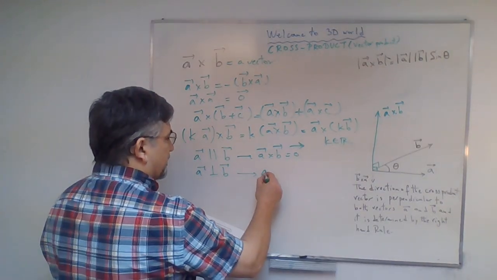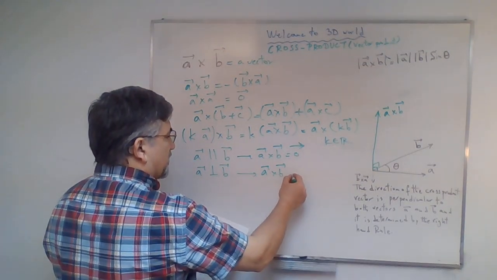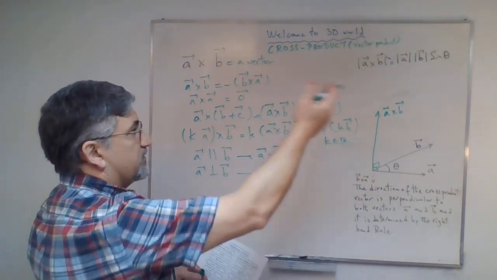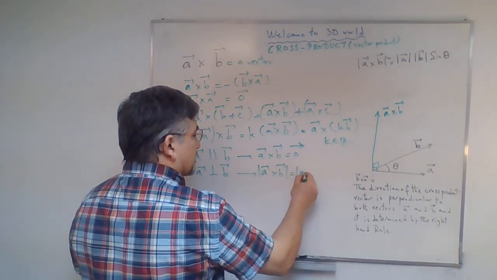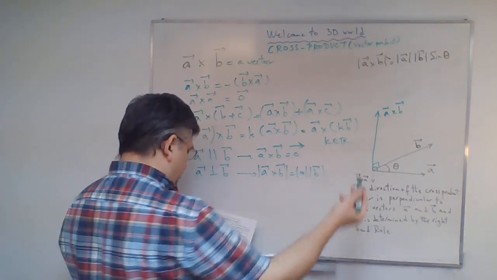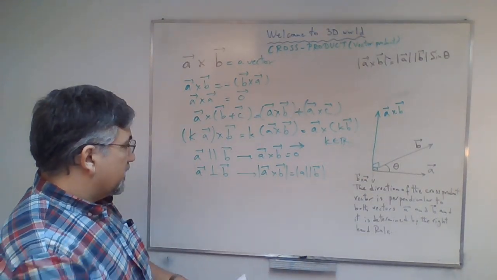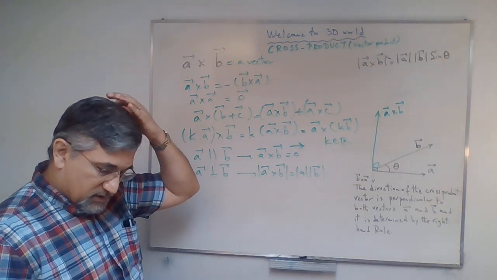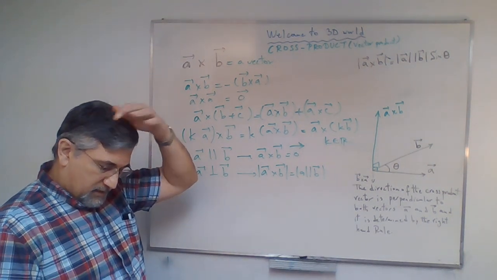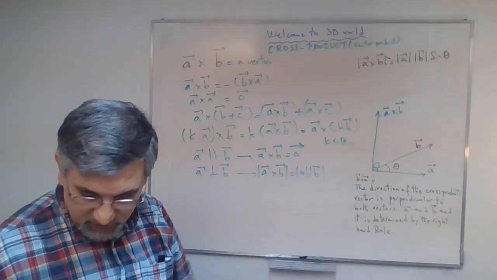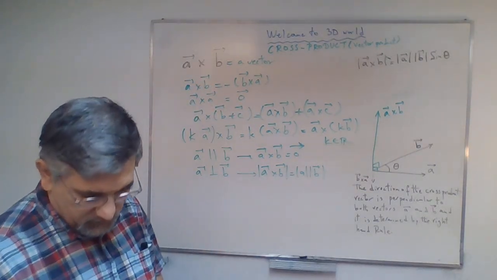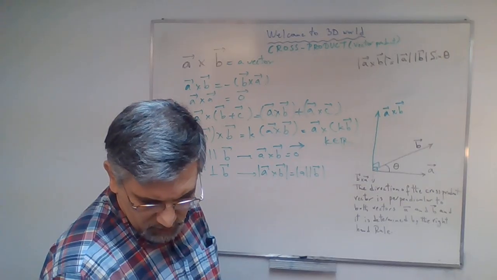But in case of cross product, sine of 90 is equal to 1, and the answer would be magnitude of A times magnitude of B, basically. And that's the magnitude of the vector, and the direction is of course found by using the right hand rule. Okay, so that's the story of cross product.